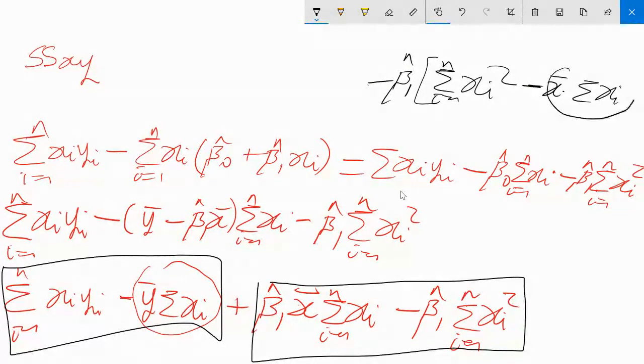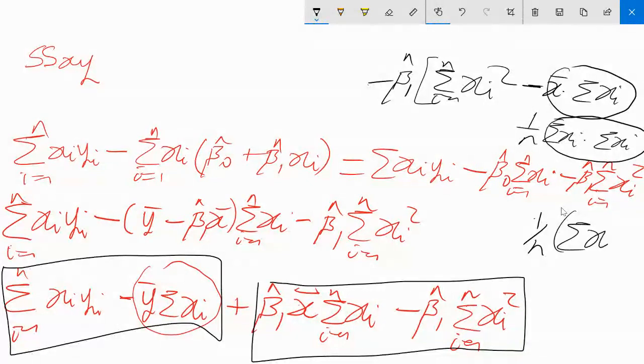And this is nothing but 1 over n summation of x bar multiplied by summation of x bar, which is going to give us summation of x bar squared. Is it clear? And if that gives us summation of x bar squared, it means we have 1 over n summation of xi squared.